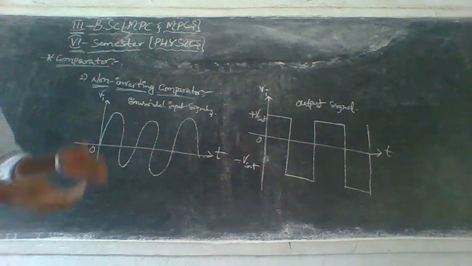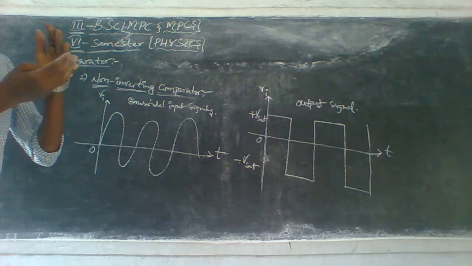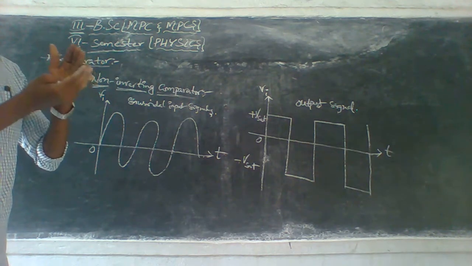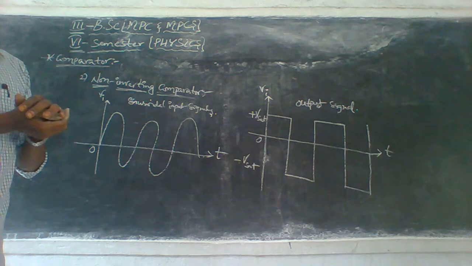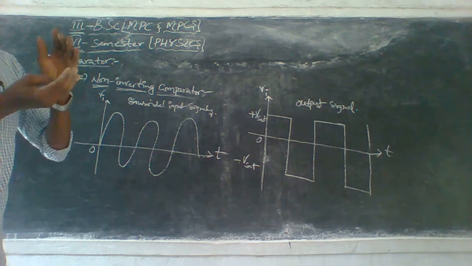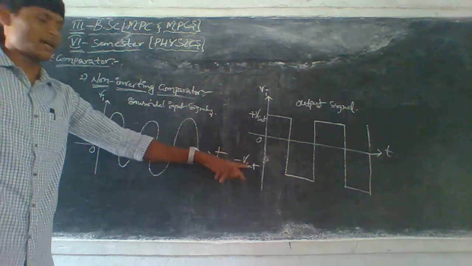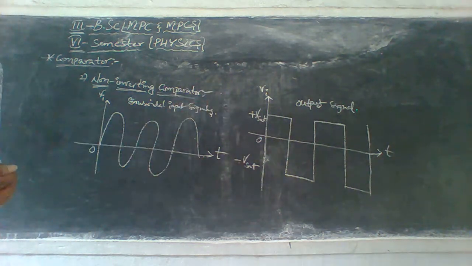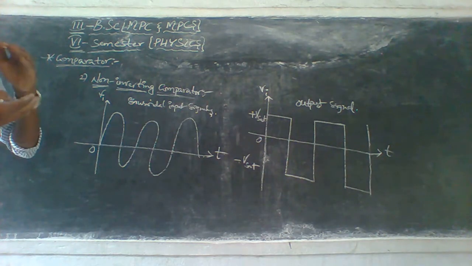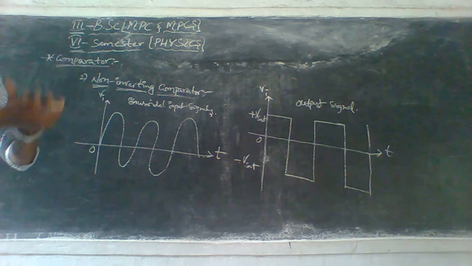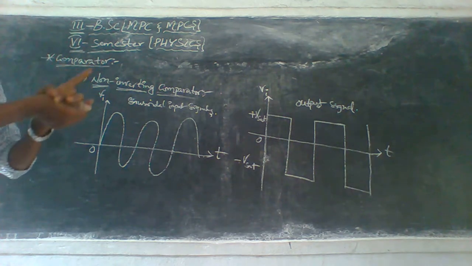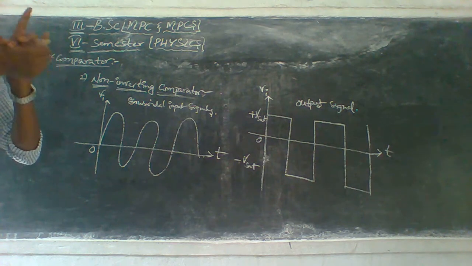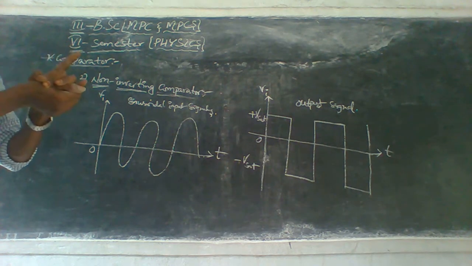From this figure we can observe that the output transitions either from plus V sat to minus V sat or from minus V sat to plus V sat. Whenever the sinusoidal input signal crosses 0 volts, the output changes its value.